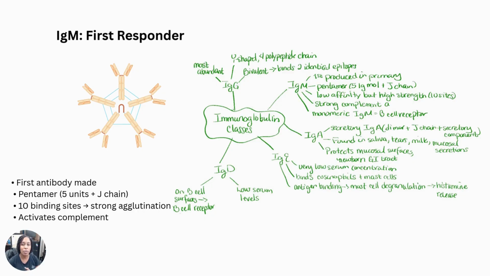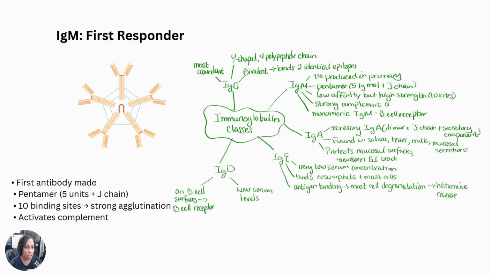Now, IgM is the first responder. That's important to write down on our micro mind map. IgM forms a pentamer with 10 binding sites, giving it strong agglutination power, and makes it a potent complement activator. So on our mind map, we have it's a first responder, and it's a pentamer.